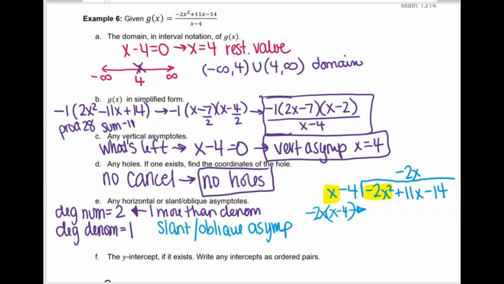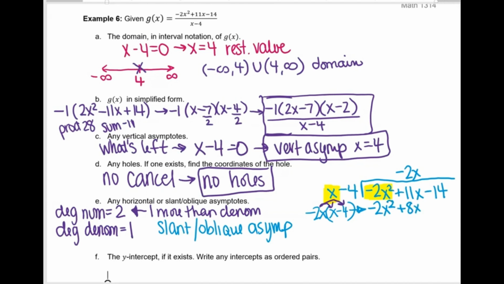Distribute the -2x through, so I'm going to have -2x times x, which gets me -2x squared. -2x times -4 gets me a positive 8x.